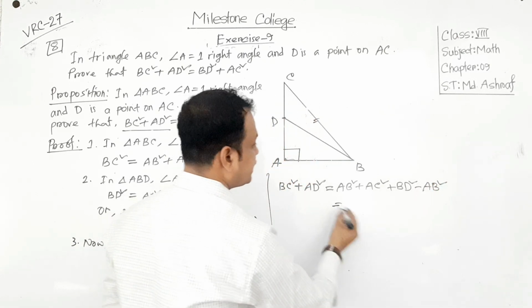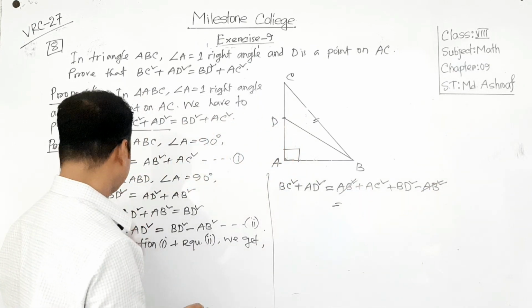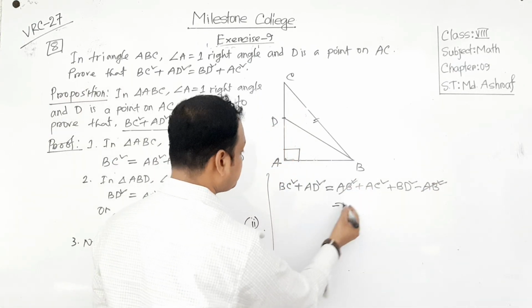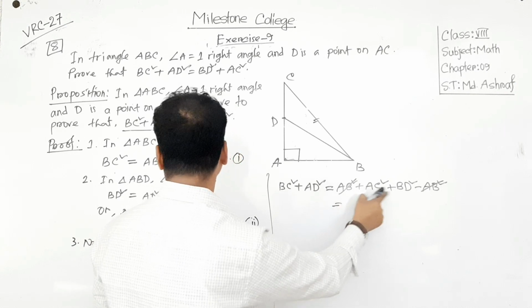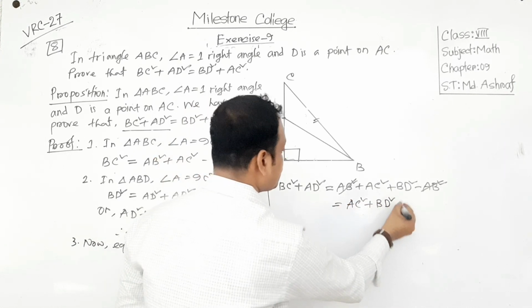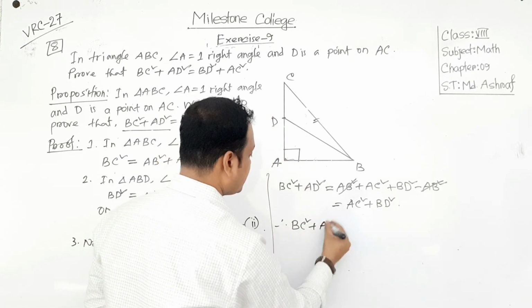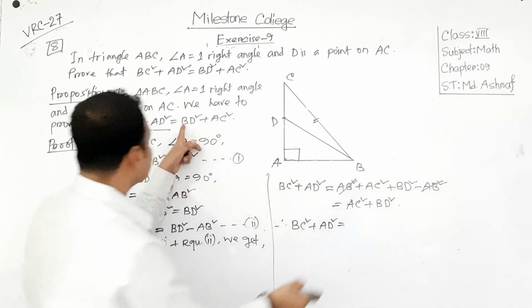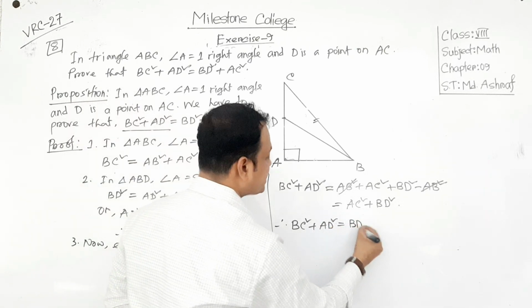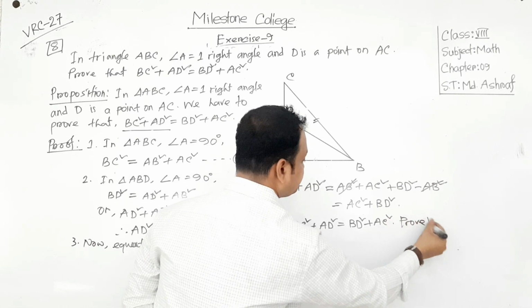Look here, minus AB square plus AB square will be eliminated. Then we get AC square plus BD square. So if we arrange this, BD comes first: BC square plus AD square equals BD square plus AC square. That means the proof is completed.